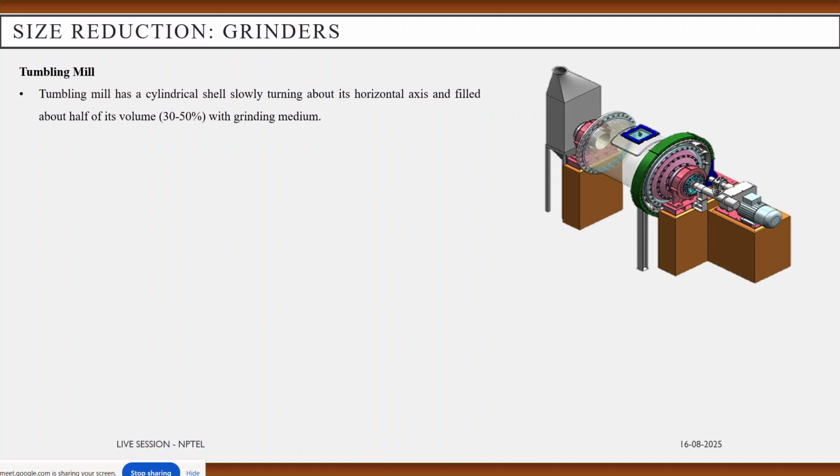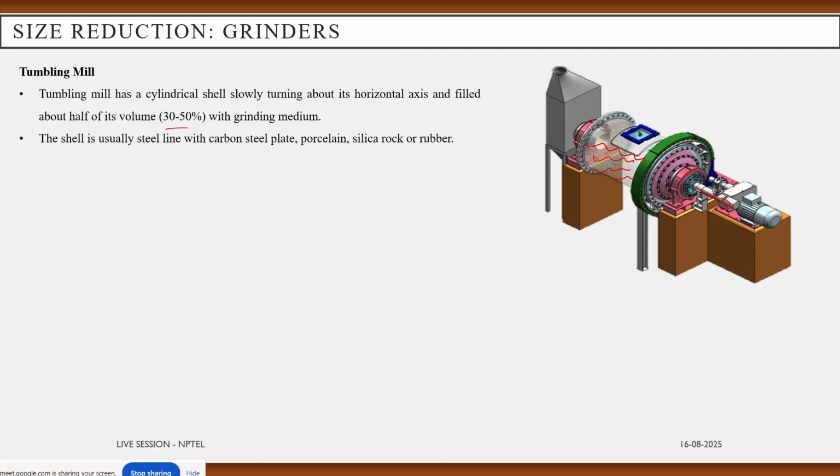A tumbling mill always has a cylindrical shell slowly turning about its horizontal axis and filled with some grinding media, around 30 to 50% of the volume.